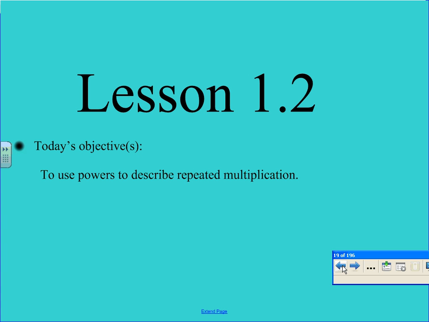We're going to go right to the definitions, ignore the warm-up that is there. Page 4 in the notes is where we are.